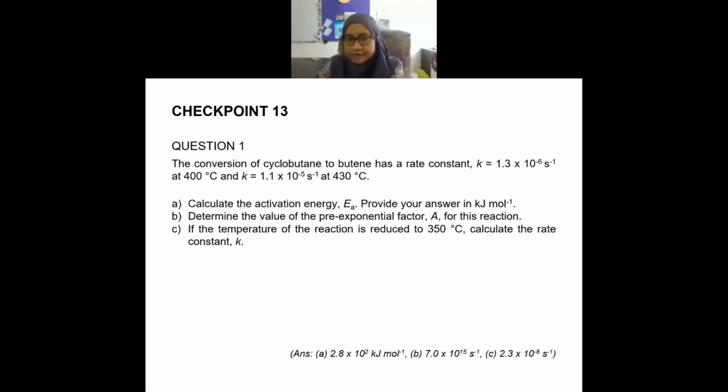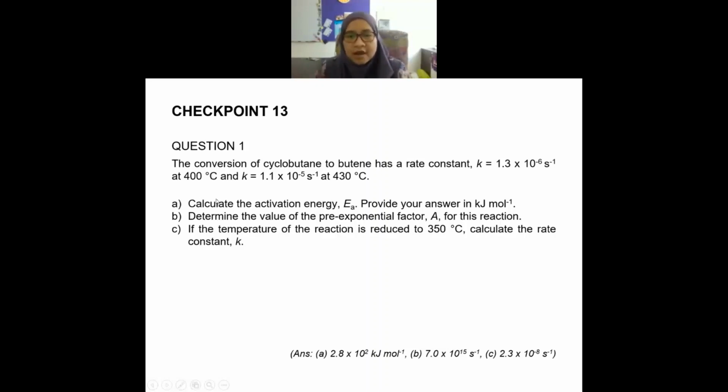Alright. Okay, let's go through the question. The conversion of cyclobutane to butene has a rate constant K equal to this value at 400 degrees Celsius. And then we have another K at 430 degrees Celsius. As you can see, the value of K at 430 degrees Celsius is larger than the value of K at 400 degrees Celsius.